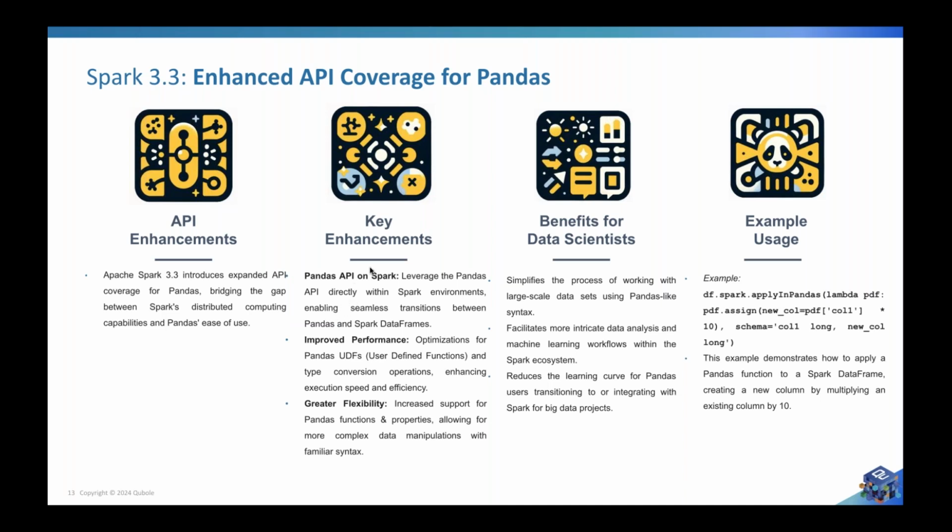A couple of key enhancements are: leverage pandas, and improved performance and optimization of pandas UDF and type conversion operations, enhancing execution and speed. Correct. And what it helps with is greater flexibility, increased support, and as you have increased support, you can do better, more complex data manipulations.